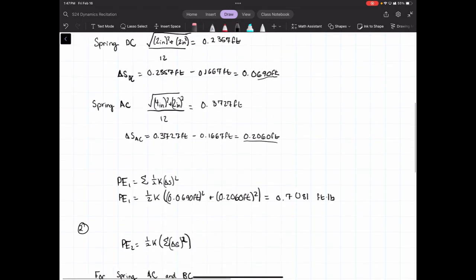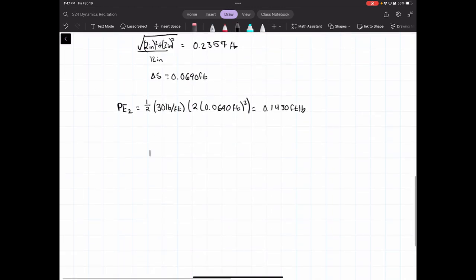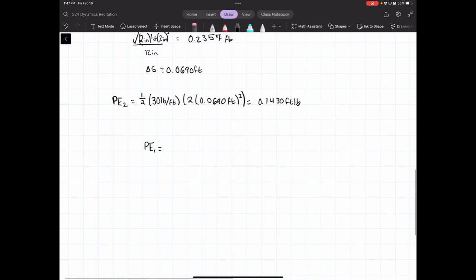Okay, so the last thing we have is our kinetic energy at state 2. If we rewrite our energy balance, we know that the potential energy at state 1 is going to be equal to the kinetic energy at state 2 plus the potential energy at state 2.